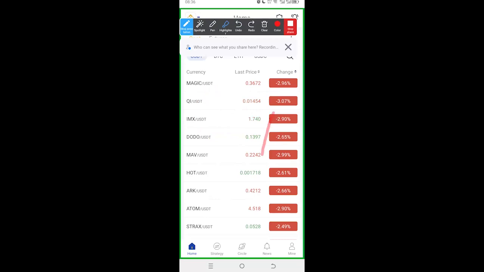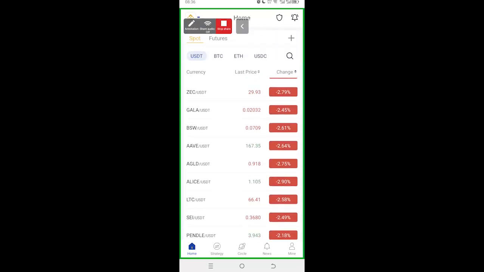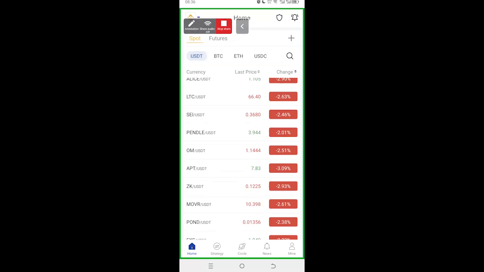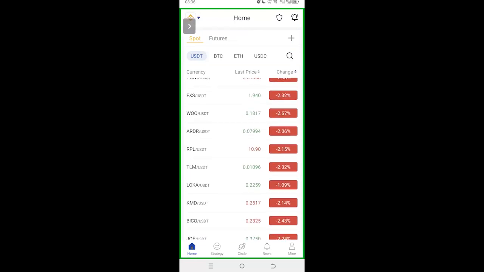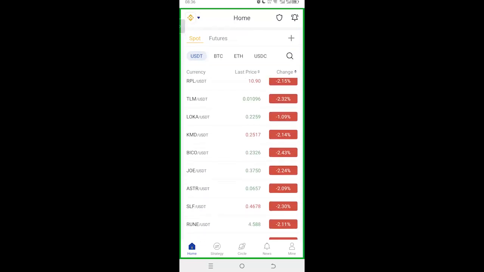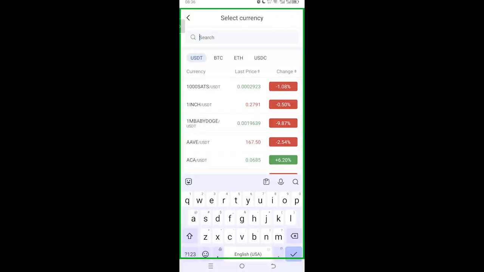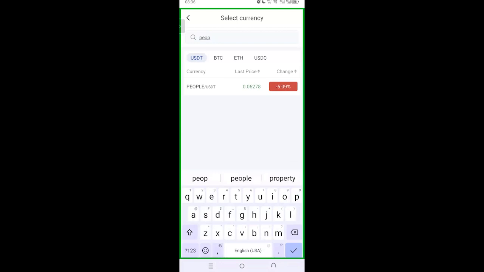Another coin that I trade, let me look for it here. There's a coin here called People. I trade People.